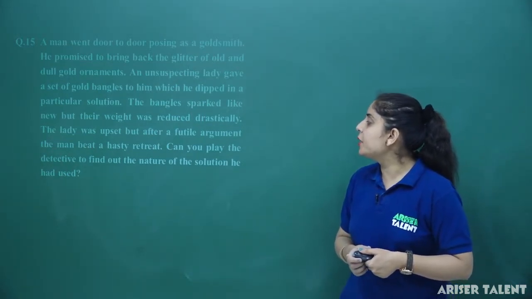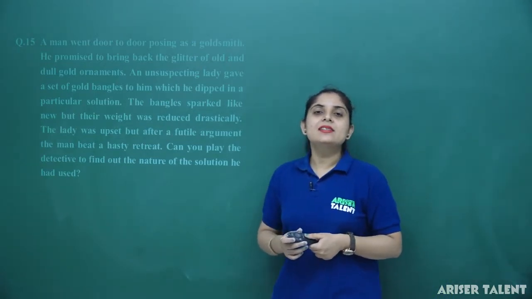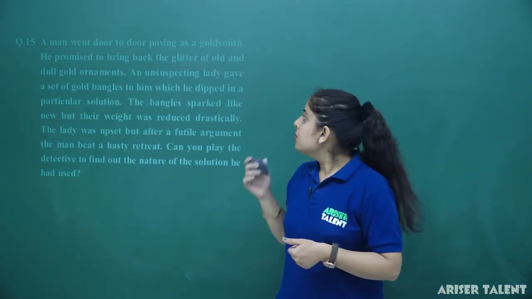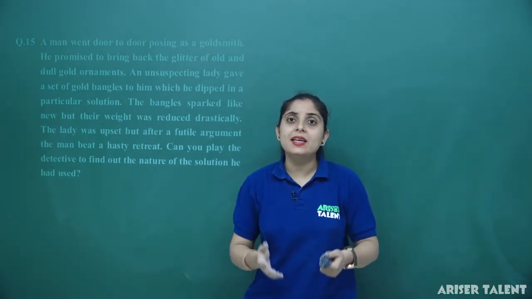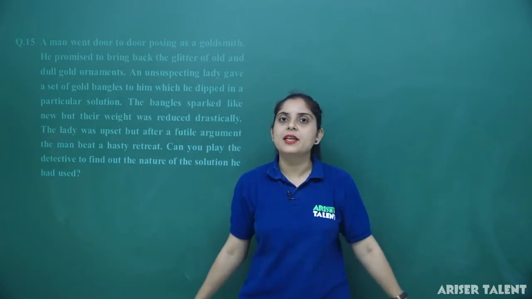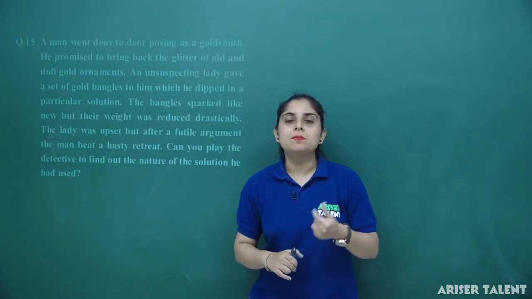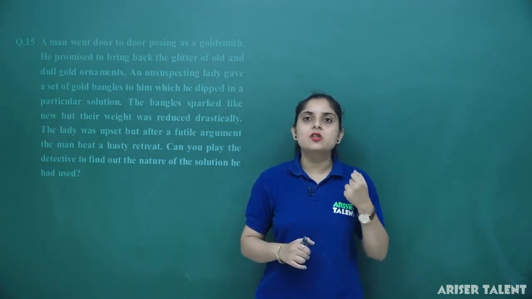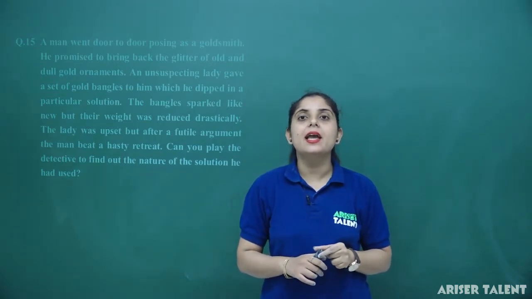Can you play the detective to find out the nature of the solution he had used? So the lady is giving the bangles to the man who is coming to her doorstep, and he is saying that he will recover the original shining of the bangles. So what has the man done? He has taken the bangles of that lady and dipped them in the solution known as aqua regia.